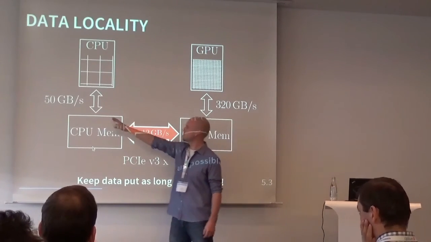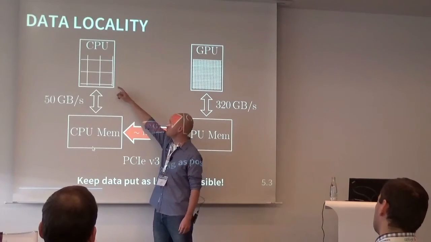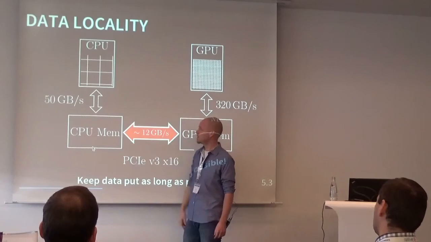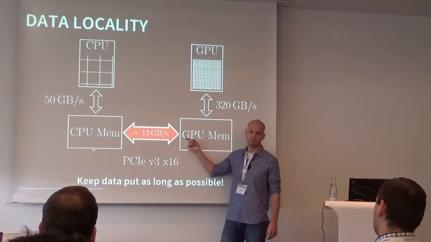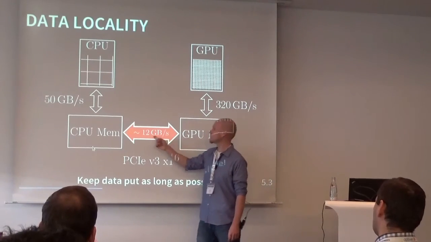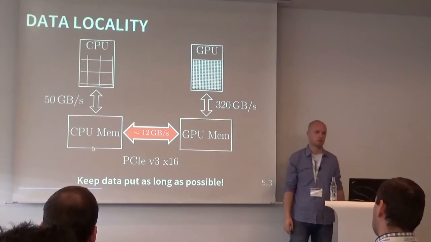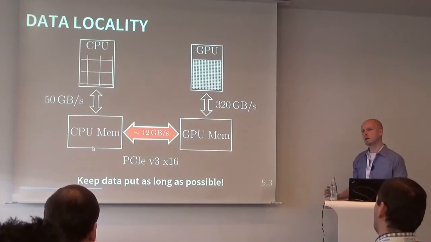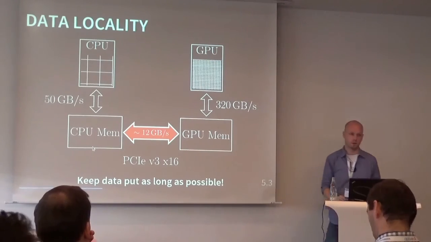Also, I took this from real experience, it depends on your architecture. Also, the access of your CPU to the RAM is pretty darn good. But then comes the PCI Express bus, right? And that's quite a factor. That's almost a factor of 5, and we don't want to talk about this difference, right? So keep your data where it is as long as possible, especially if it needs to go onto the GPU.